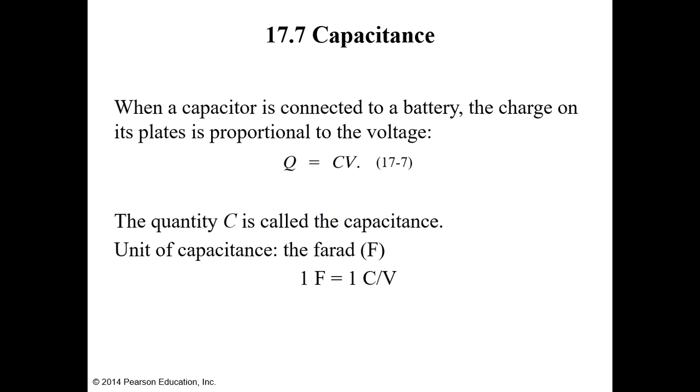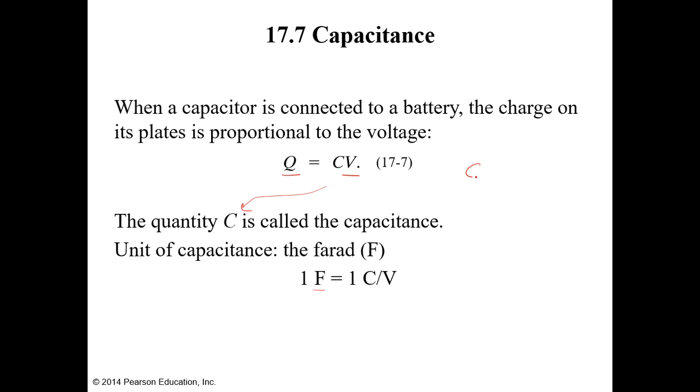Now, the amount of charge that can build up on a capacitor is proportional to the voltage. So we get an equation that says Q is equal to some constant times V. And this constant C is called the capacitance of your capacitor. We measure capacitance in a unit of farads.